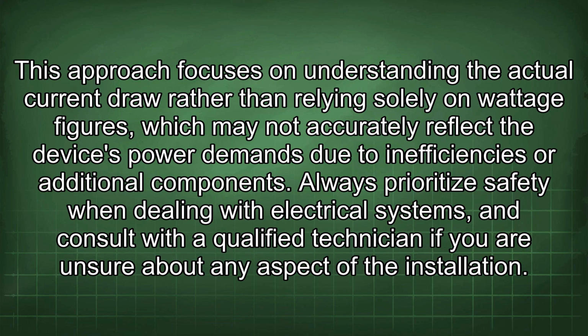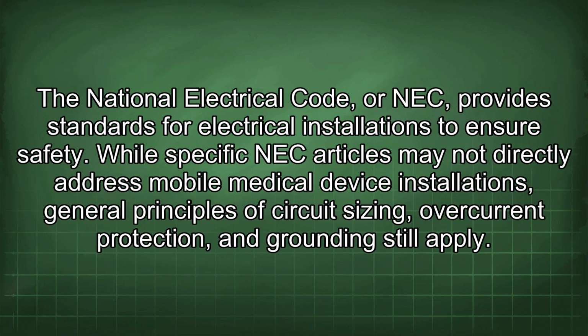Always prioritize safety when dealing with electrical systems and consult with a qualified technician if you are unsure about any aspect of the installation. The National Electrical Code, or NEC, provides standards for electrical installations to ensure safety. While specific NEC articles may not directly address mobile medical device installations, general principles of circuit sizing, overcurrent protection, and grounding still apply.